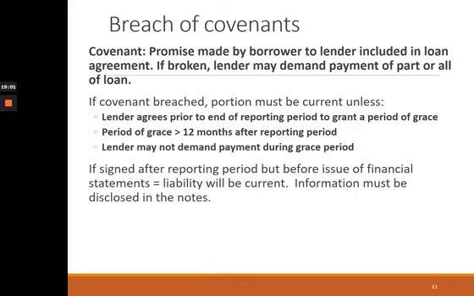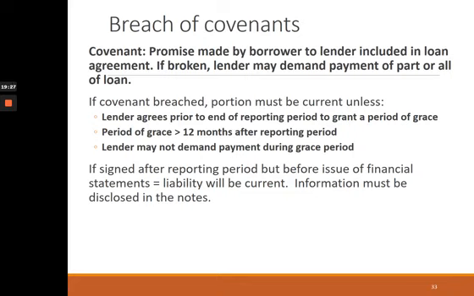Breach of covenants. Covenants means a promise made by a borrower to a lender included in a loan agreement. So if it's broken, a lender may demand payment of part or all of the loan. If your covenant is breached, the portion must be current unless the lender agrees prior to the end of the reporting period to grant a period of grace.